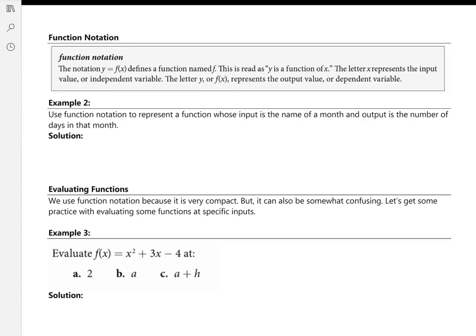Example here, use function notation to represent a function whose input is the name of a month and output is the number of days in a month.